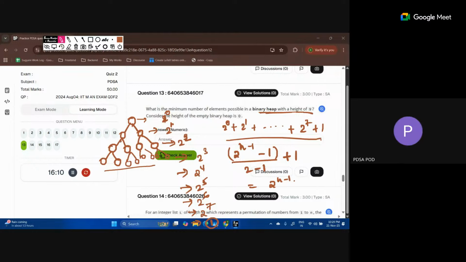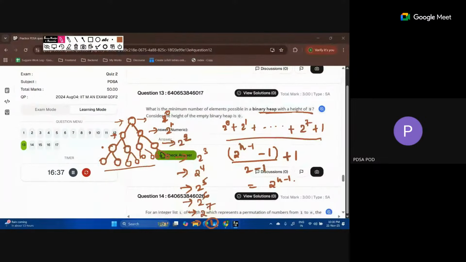At level 2 you are having two nodes. This is just a numbering system. If I would have made this height 0, then it would have become 0 and so on. So at this level you are having two nodes, which is 2 to the power 1. At level 2 we are having four nodes, which is 2 to the power 2.